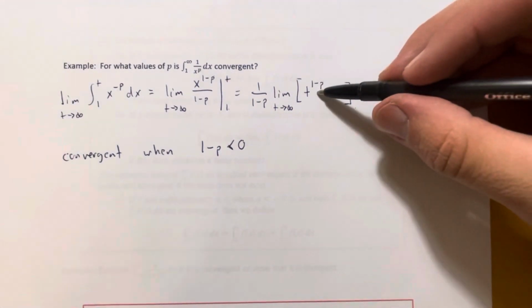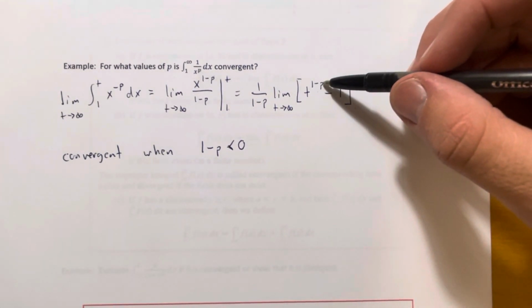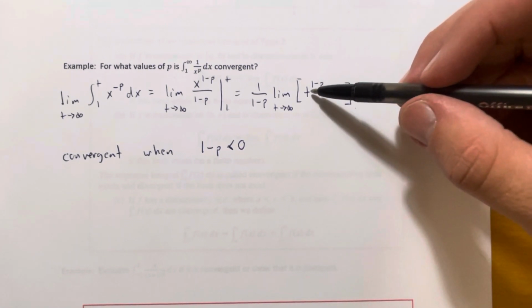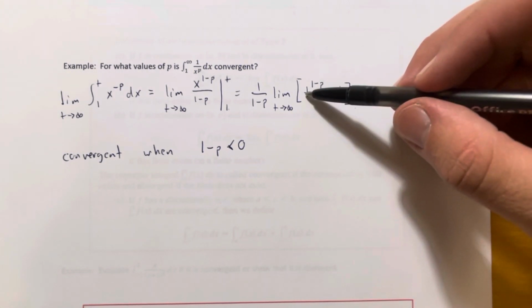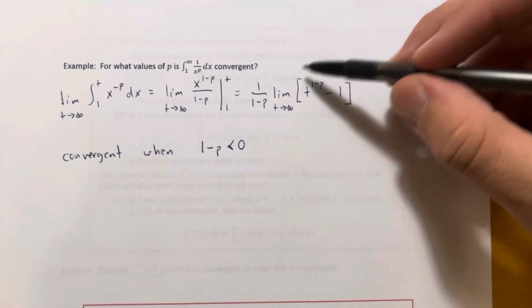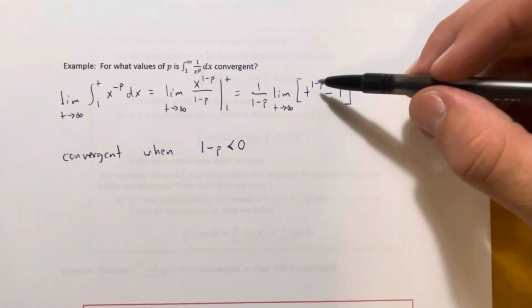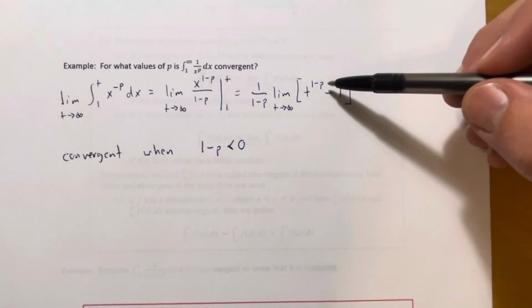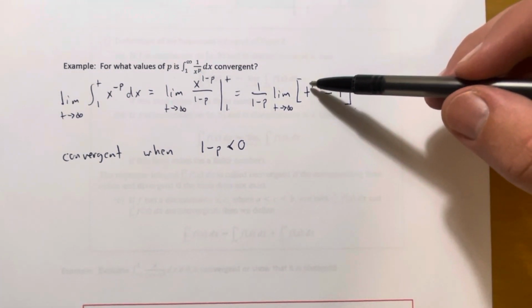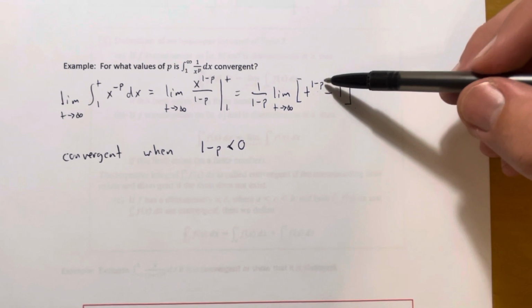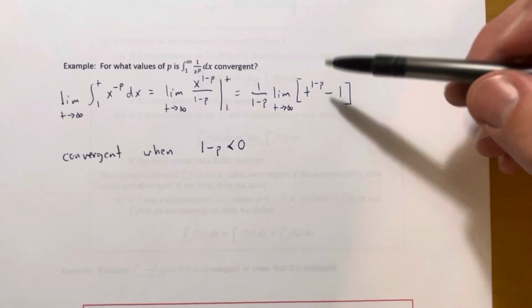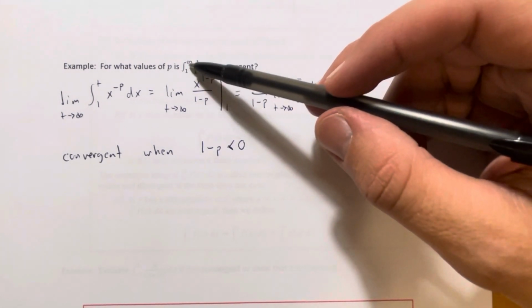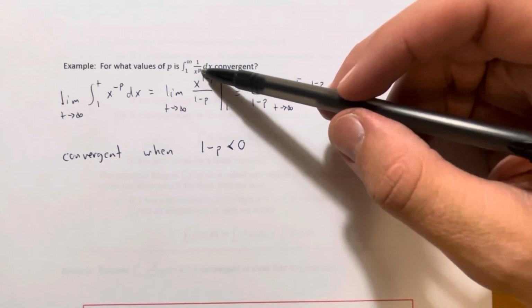Now, you might also be looking at this and thinking, well, what if 1 minus p is equal to 0? Because then I have t to the 0 power, which is equal to 1. 1 minus 1 is 0. That's a finite number. Doesn't that also give me a convergent integral? And the answer is actually no, because if 1 minus p is equal to 0, that means p was equal to 1, which means I would have had the integral from 1 to infinity of 1 over x here.